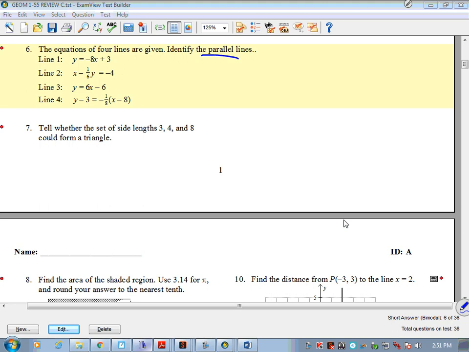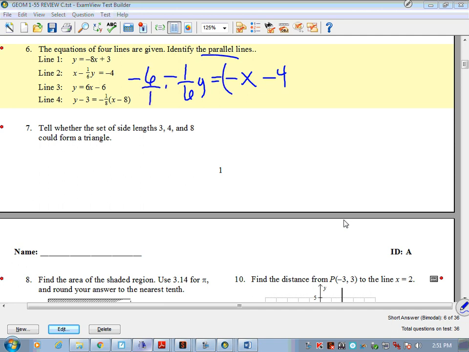So let's do that with line 2. We've got -1/6 y. Let's subtract x to the other side because we're going to try to isolate y. -x minus 4. Then we need to multiply by -6. We can't divide by -1/6, but we can multiply by the reciprocal, so we're going to multiply by -6 over 1.